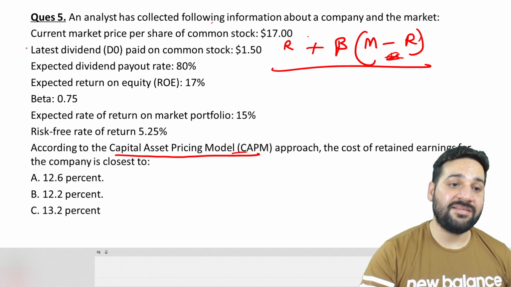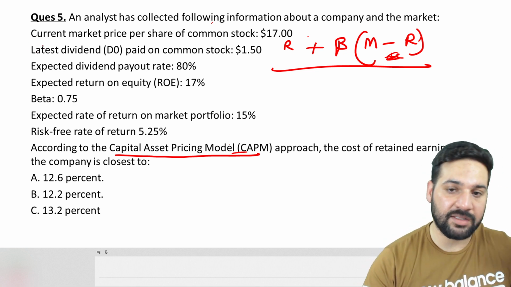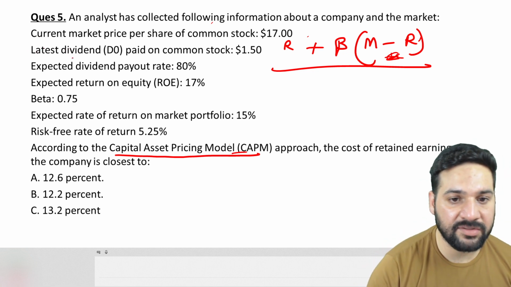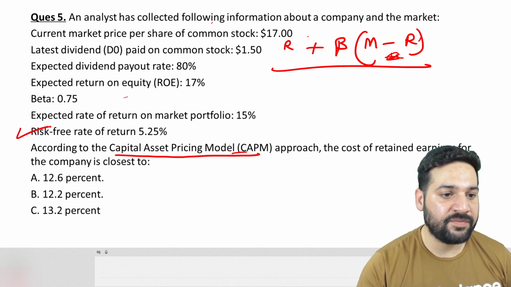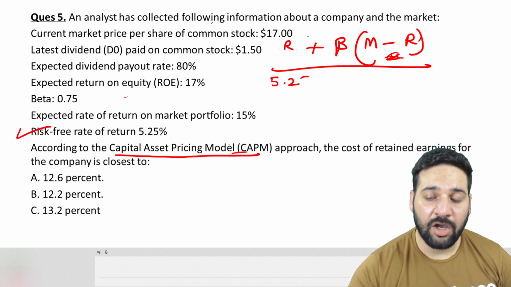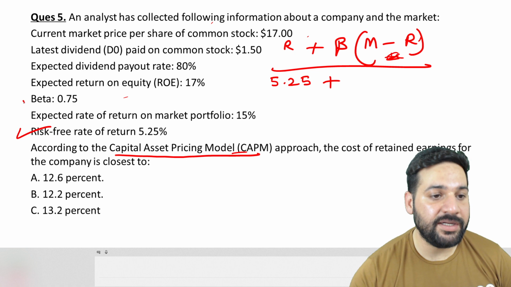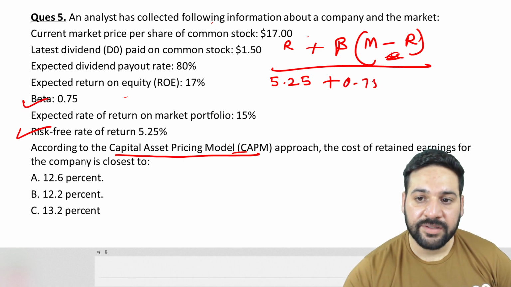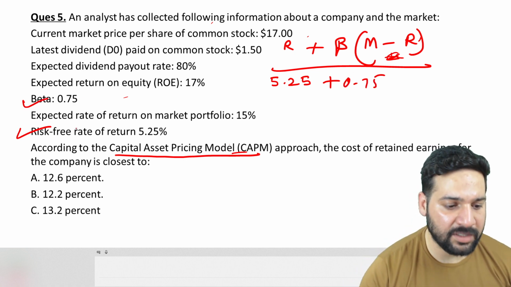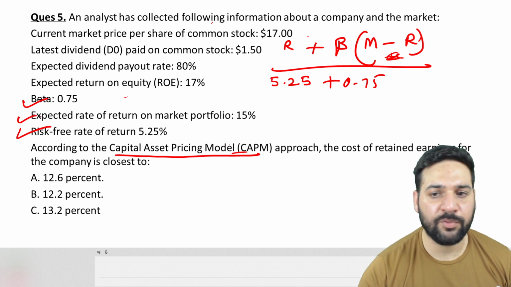Unnecessary data is given, so you just need to pick the necessary data. The first one, the risk-free return, is 5.25. Beta is 0.75. The expected market rate of return is 15%.